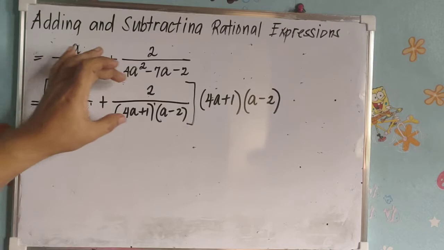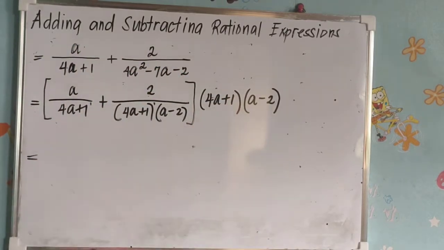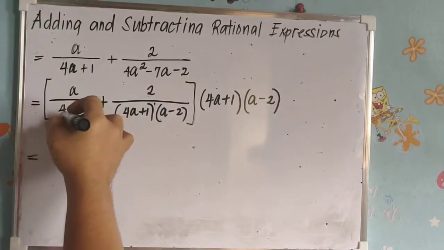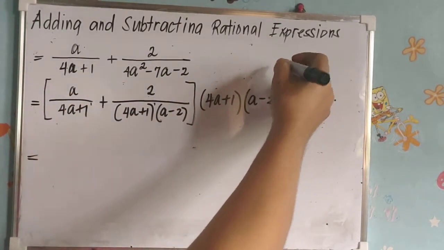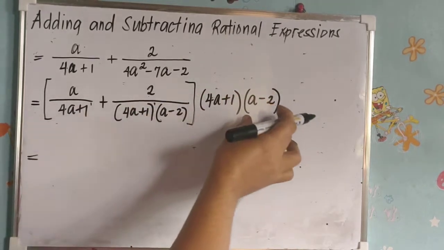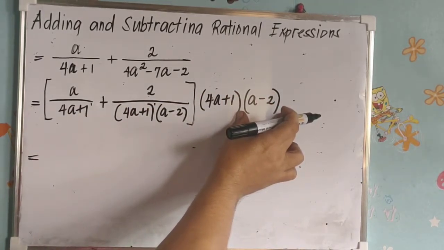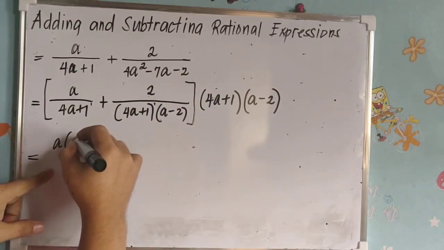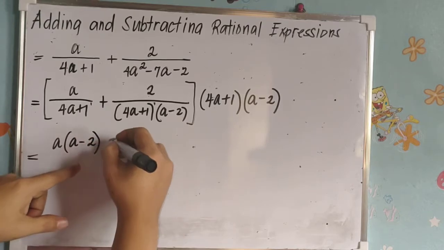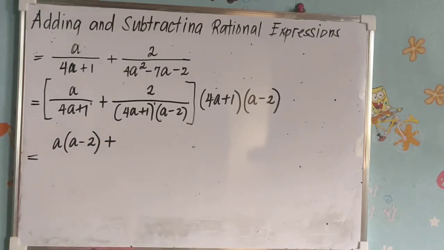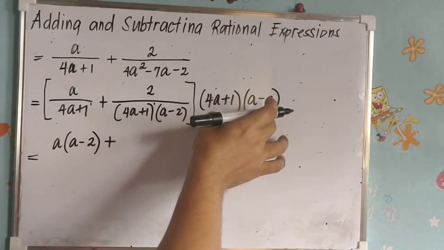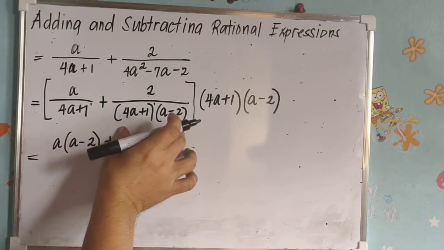Multiply each rational algebraic expression by our LCD. So the LCD times a over 4a plus 1, 4a plus 1 will be cancelled. So we have the remaining factor, the quantity a minus 2 times a. So we have a times the quantity a minus 2 plus, next, our LCD times 2 over the quantity 4a plus 1 times the quantity a minus 2.